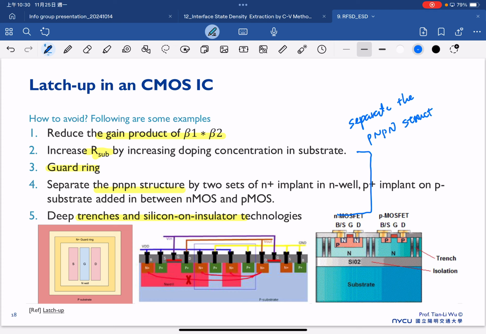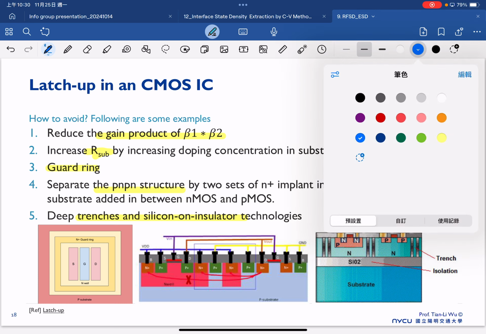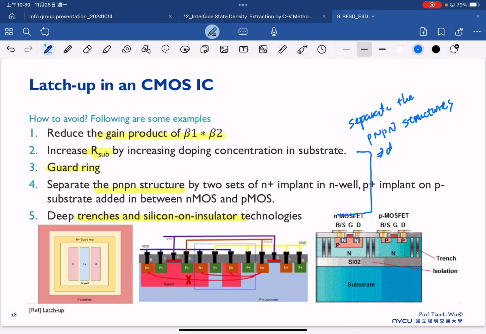The reason we now know latchup happens is because we have a parasitic coupled BJT. But if somehow we can disconnect this coupled BJT, then we can avoid the latchup. So this is the purpose: to disconnect the coupled BJTs.